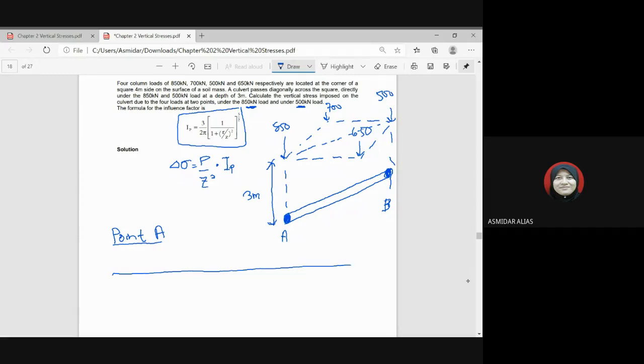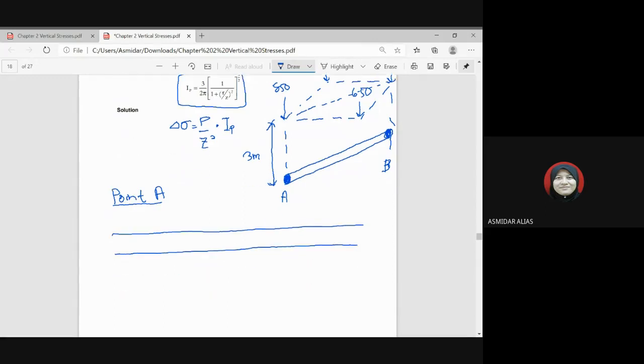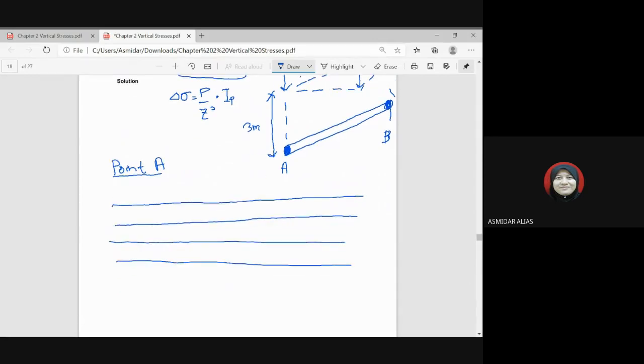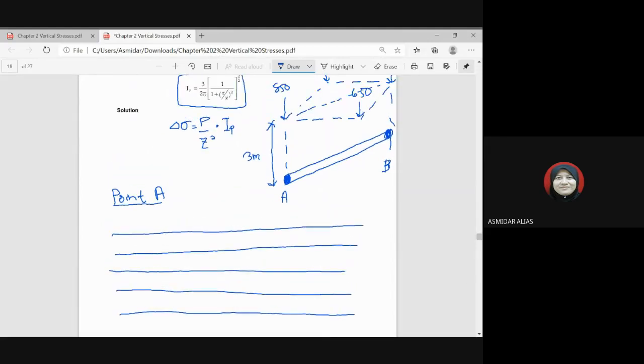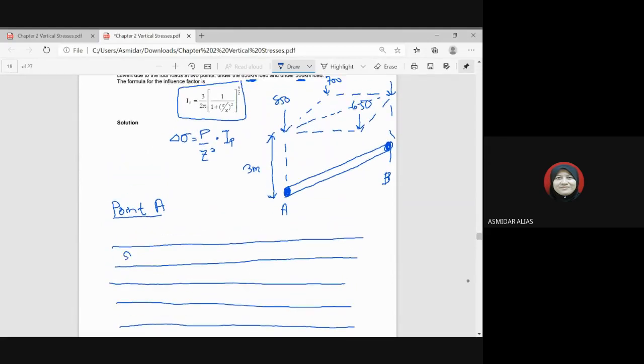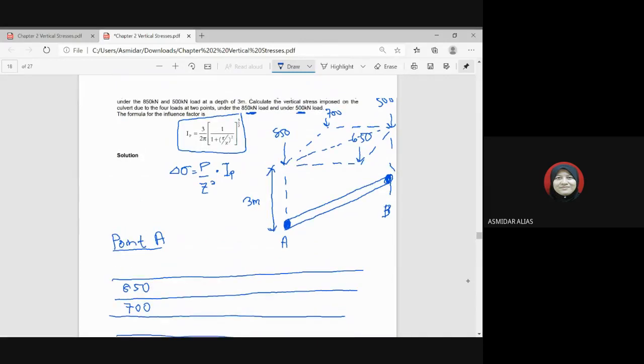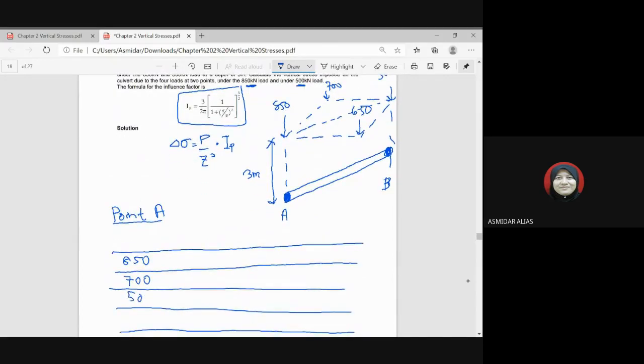You akan buat table sebab A akan merasa lebih daripada satu load. Okay, A akan rasa load daripada 850. A juga akan rasa daripada load 700. A juga akan rasa daripada load 500.